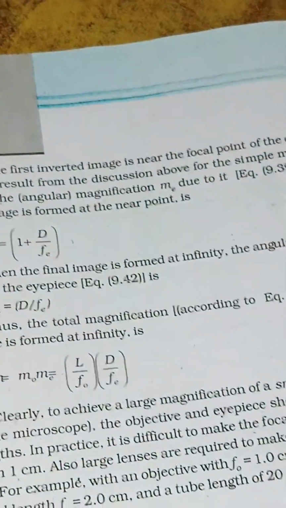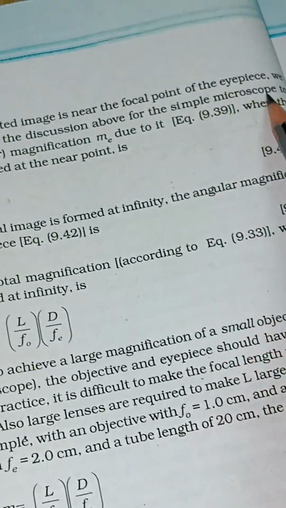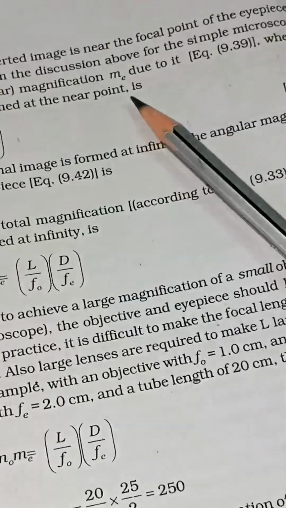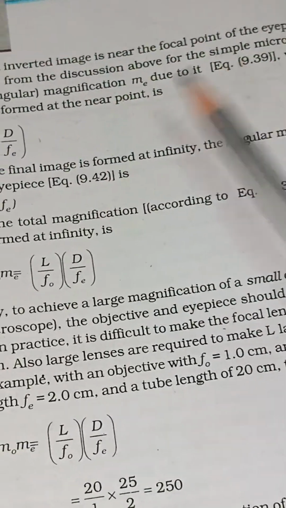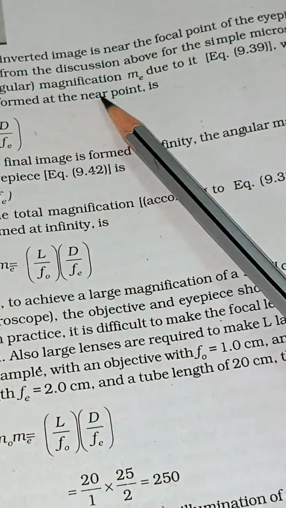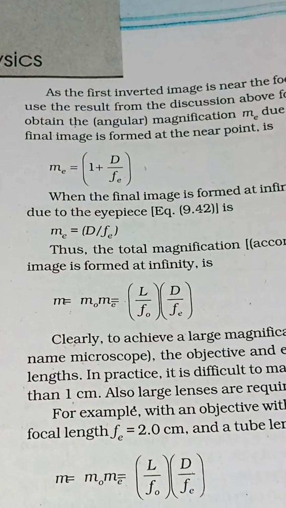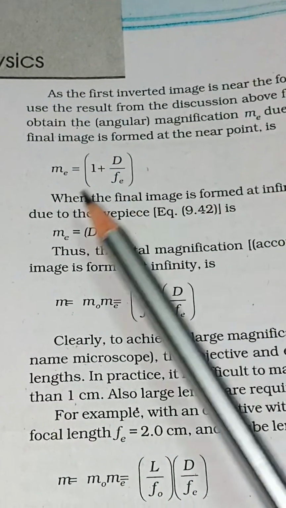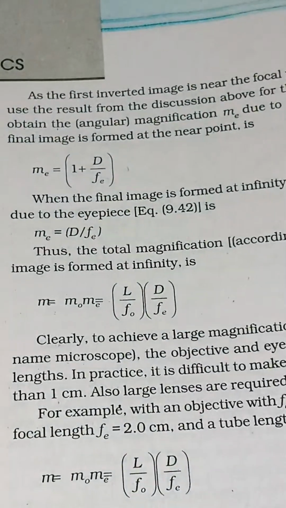The first inverted image is near the focal point of the eyepiece, so we have used the result of the discussion above for the simple microscope to obtain the angular magnification me. Me due to it, when the final image is formed at the near point, is me equal to 1 plus D upon fe. That's the formula.